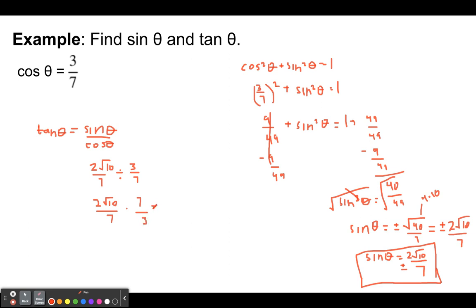And when we do that, that gives us 14 square root 10 over 21. And 14 and 21 are both multiples of 7, so that becomes 2 square root 10 over 3. So tangent of theta is equal to plus or minus 2 square root 10 over 3.